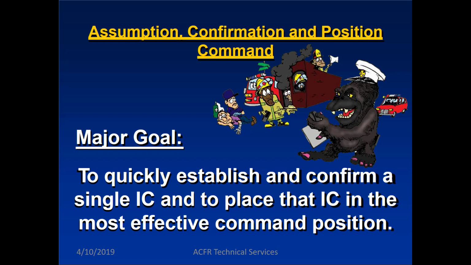The major goal is to quickly establish and confirm a single incident commander and to place that IC in the most effective command position. It's very important to realize we have one incident commander. We may have command staff, we may have division or sector leaders and groups that help function within that incident management, but there's only one incident commander, and it's important to establish that soon and early.